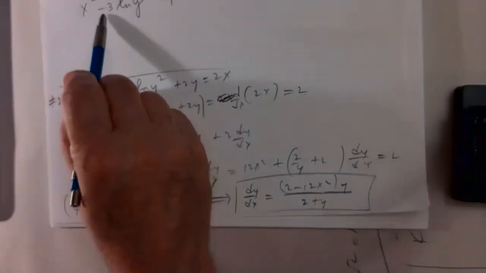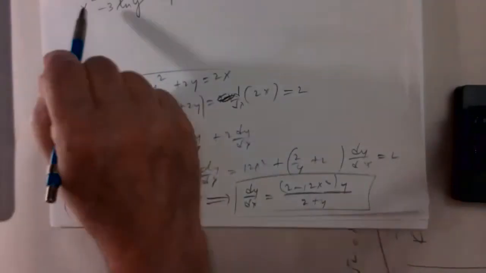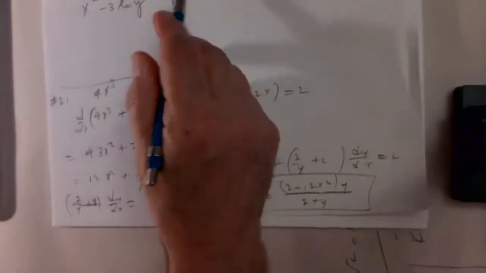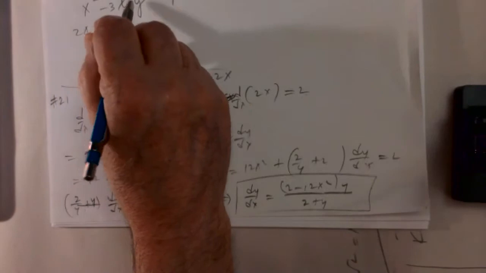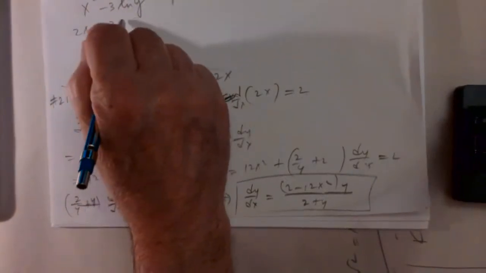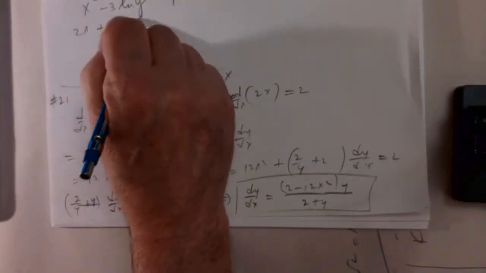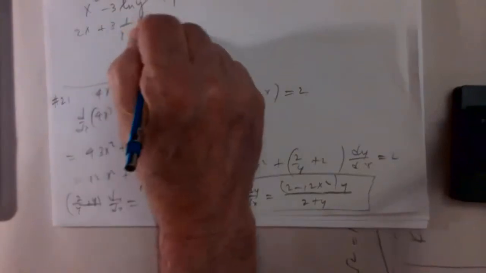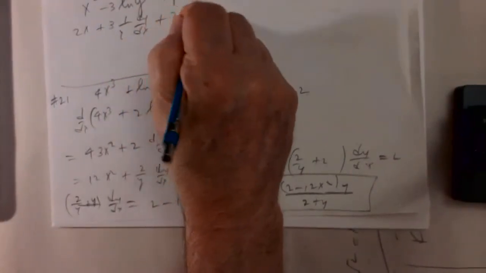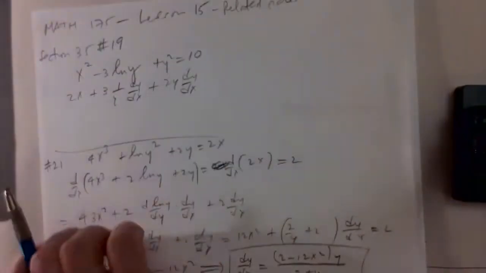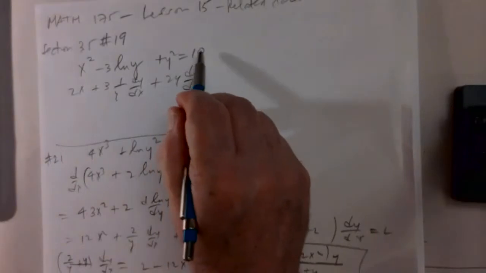Well, since I wrote it down, let me also solve this problem. When I differentiate this with respect to x, I get 2x plus 3. The derivative of log y with respect to x is 1 over y dy/dx. The derivative of y squared with respect to x is 2y dy/dx. The derivative of 10 is 0.